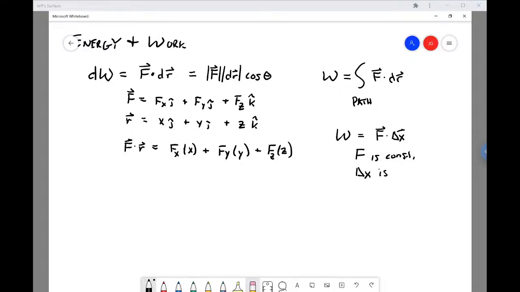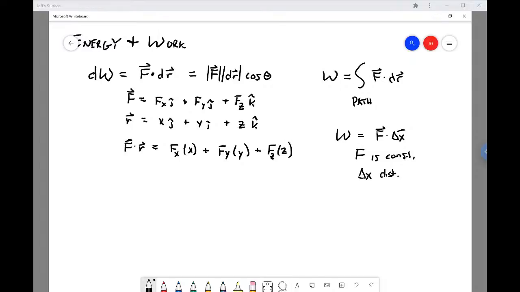Well, I guess it doesn't really matter then. I guess it's only if F is constant. If F is constant, you can factor it out, and then the integral over the path is just the length of the path. So delta x would be a distance instead. Delta x is the distance along the path.